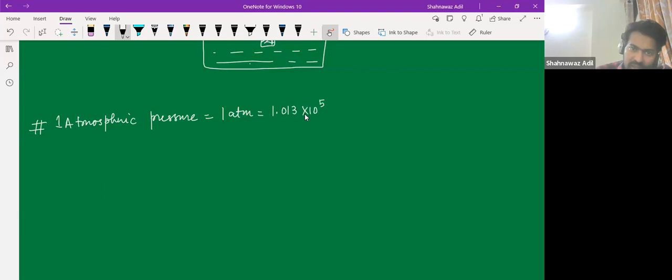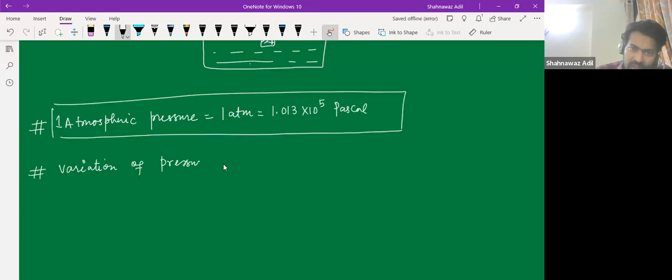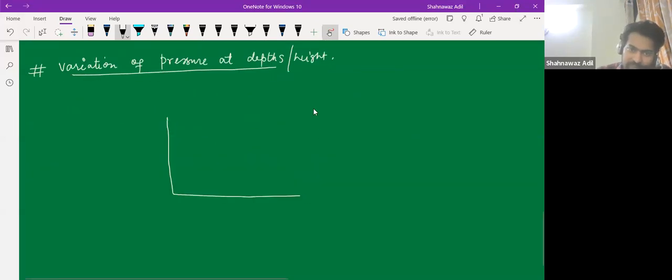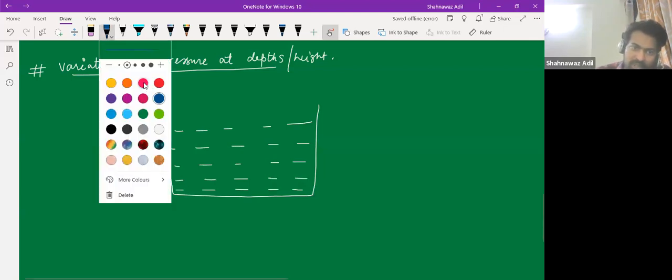Now the variation of pressure. We have a fluid, and we have immersed some object in it.